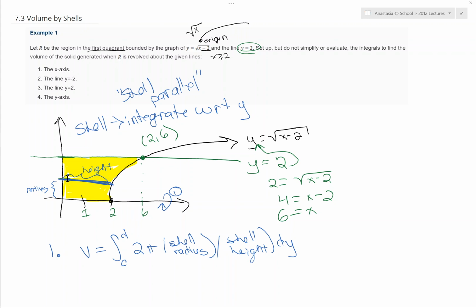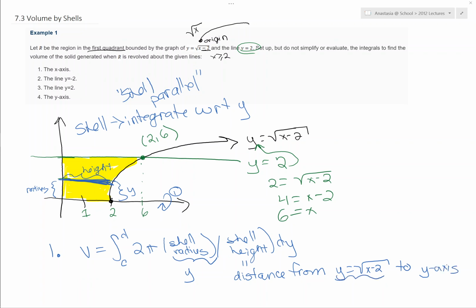Now our radius is between this shell here, this indicative line, and our x-axis. So we just want some sort of indicative y value here, which means that our shell radius in this case is just y. The shell height is the length of our line segment. So the shell height is the same thing as the distance from the curve y equals the square root of x minus 2 to the y-axis.